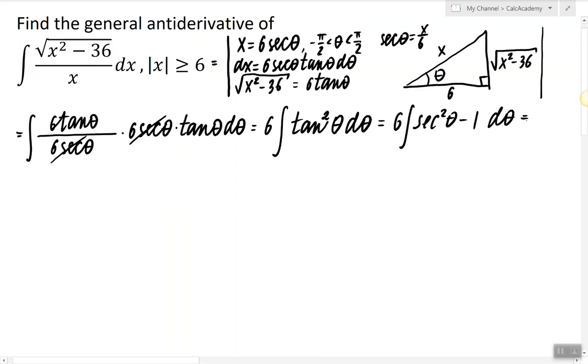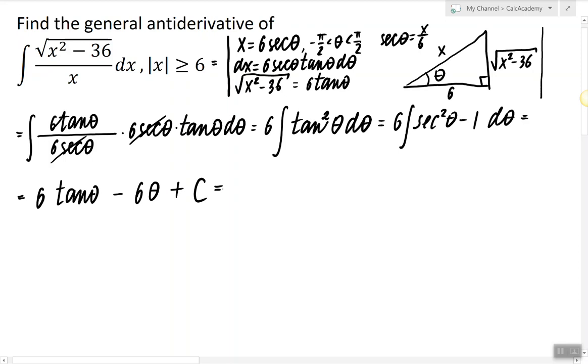and we get 6, and the antiderivative of secant squared theta is tangent theta, and the antiderivative of 1 is just theta, plus c.